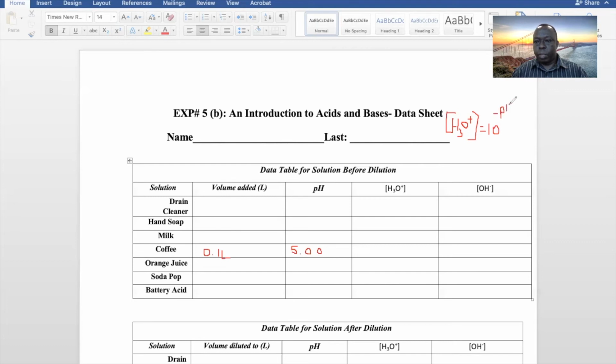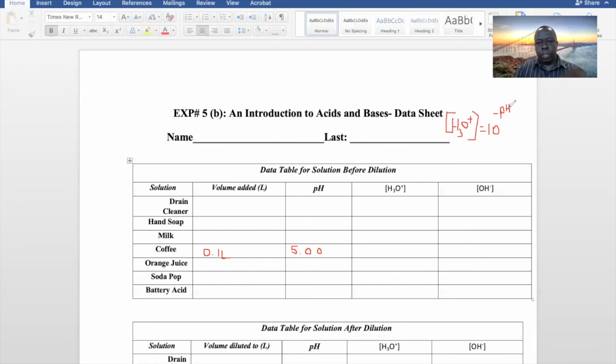And please read the background on expressing the pH with the correct number of significant figures, and the hydrogen ion concentration with the correct number of significant figures. It is slightly different, all right? It is slightly different from the conventional way of expressing your final answer with the correct number.